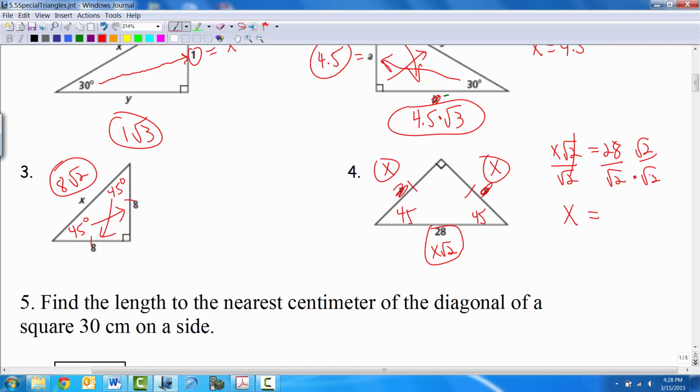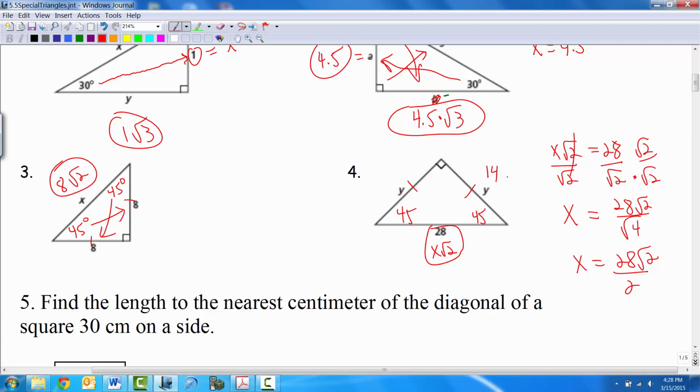The reason I introduced another root 2 in the bottom is because root 2 times root 2 is root 4. Everyone knows the square root of 4 is 2. Freedom. All right, 28 divided by 2 is 14. So this is actually wrong. This is 14 root 2.